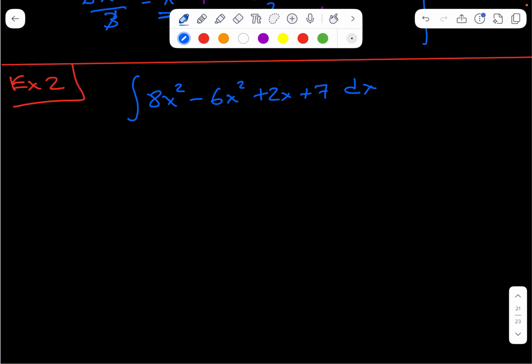We have integral of 8x squared minus 6x squared. Sorry, this is supposed to be a cubed. 8x cubed minus 6x squared plus 2x plus 7 dx.